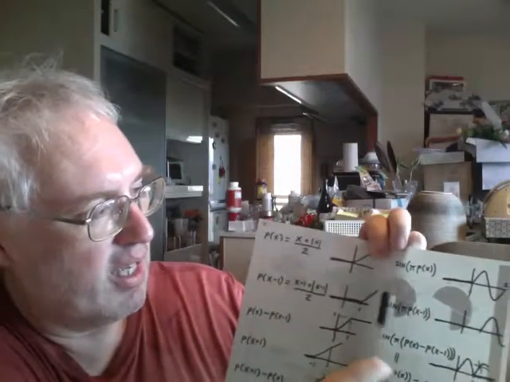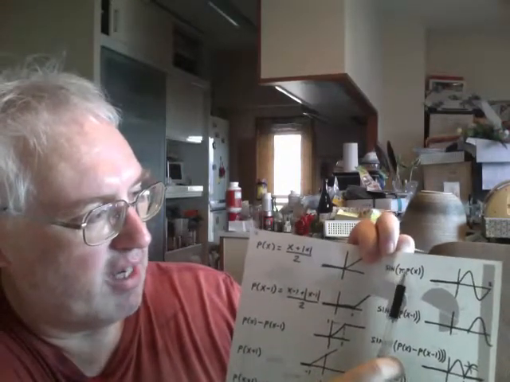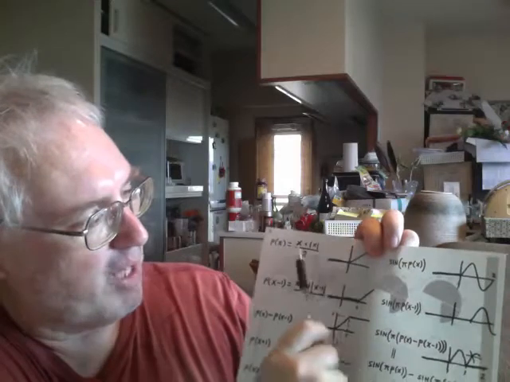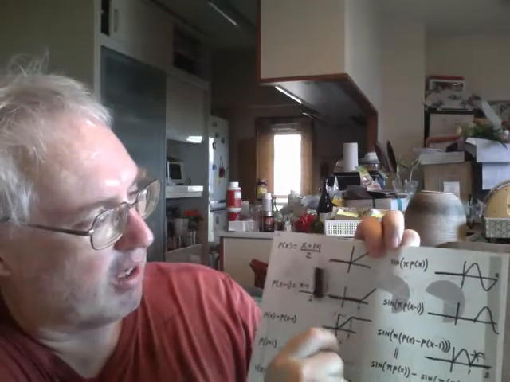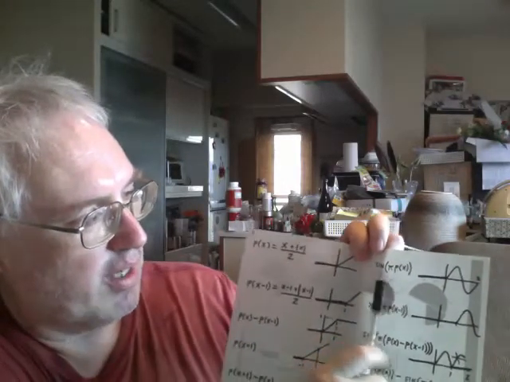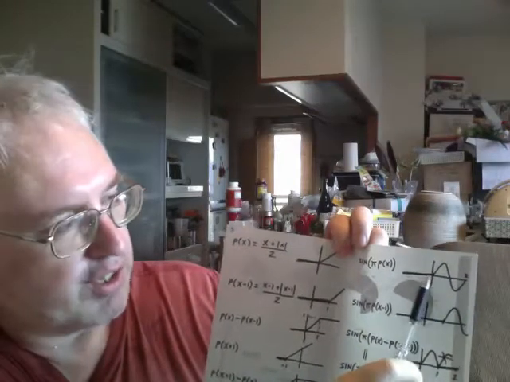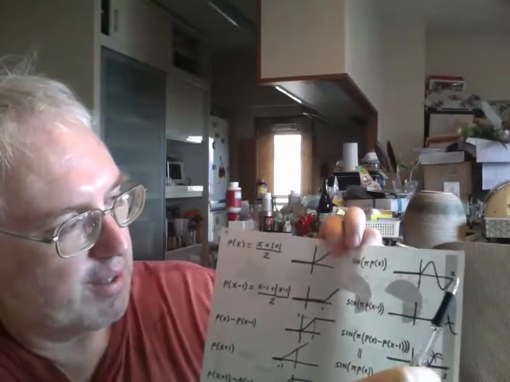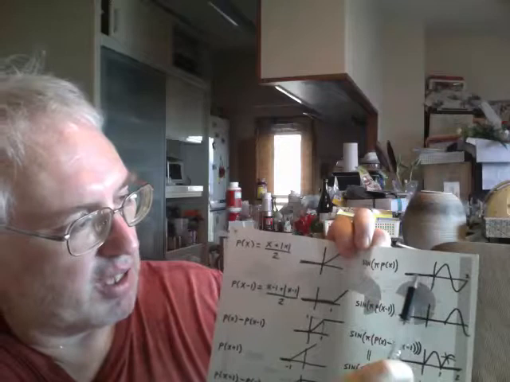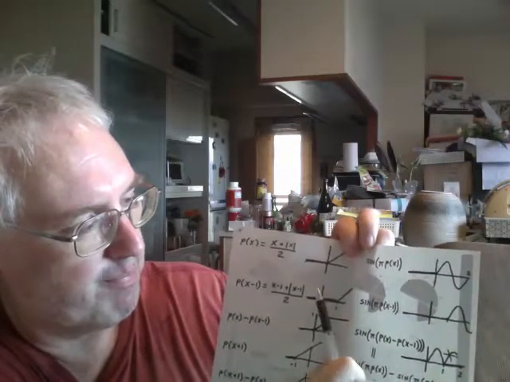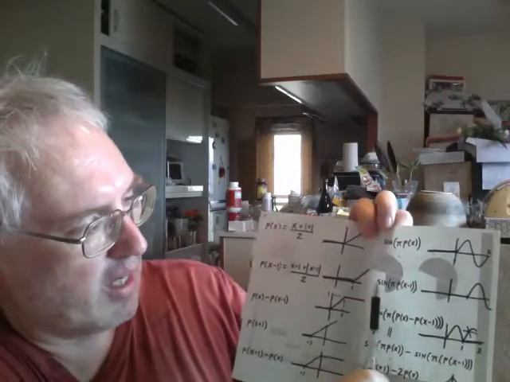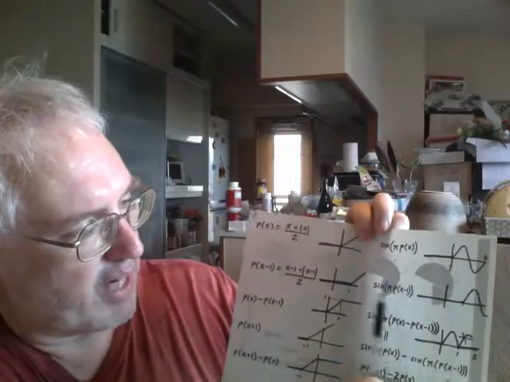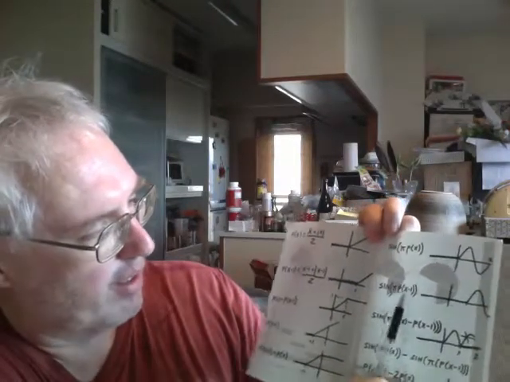So let's think about some ways to use this. If you have sine pi of p of x, remember p of x just makes all the negative numbers 0. This will look like a normal sine function for all positive numbers. But for all negative numbers, it'll just be 0. Now, instead of p of x, we have p of x minus 1.